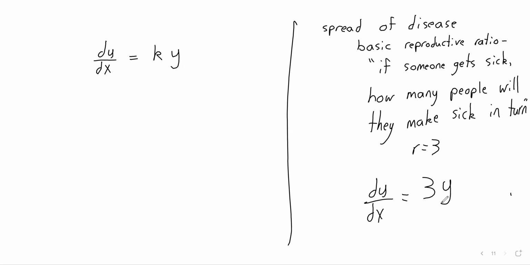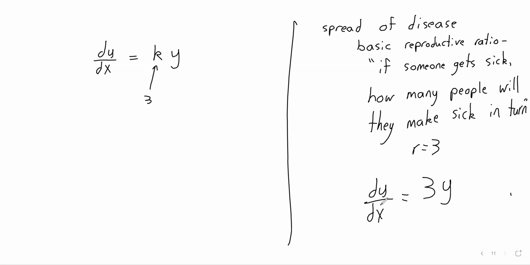If there are currently 10 sick people, then tomorrow we expect an additional 30 sick people. So the rate that this is increasing is 3 times the current number. And this is precisely what we have over here with k equal to 3.